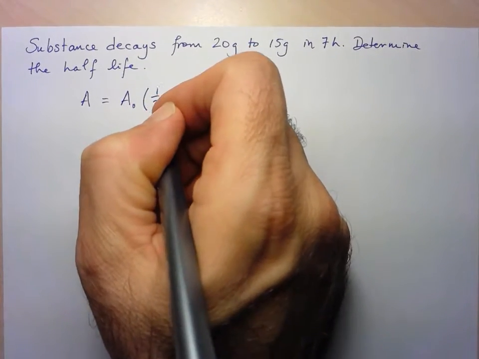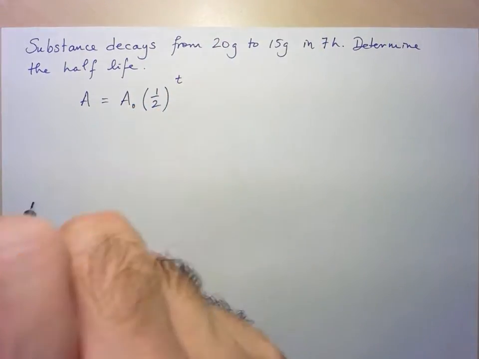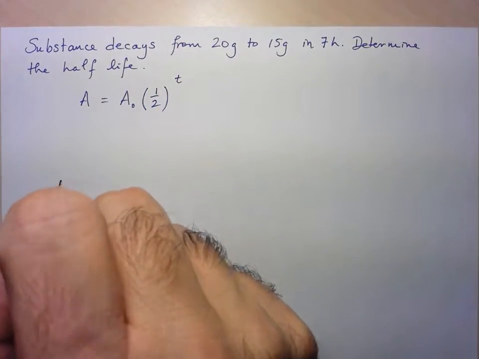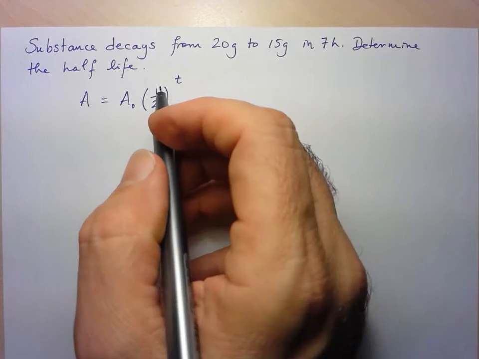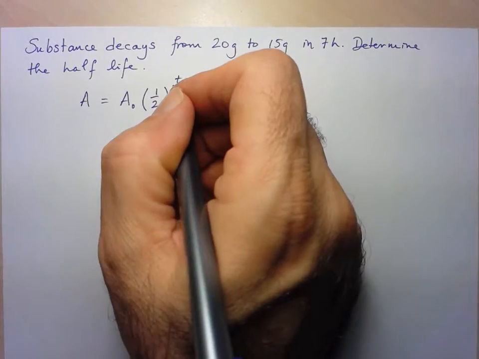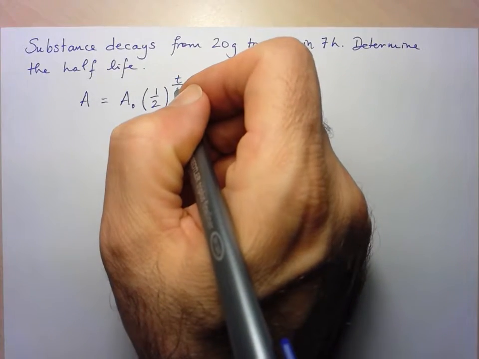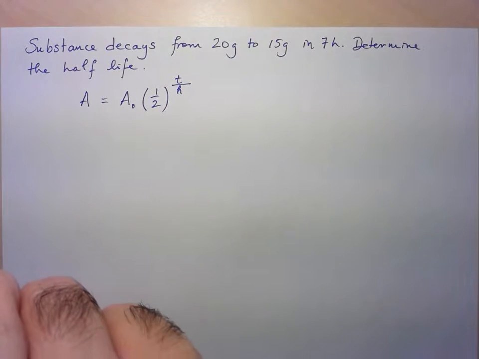That's why we use 1/2 as our base. T will be the amount of time that elapses, and in this case T is in hours. It doesn't necessarily decay by 1/2 every hour, so we have to divide by the number of hours that it takes to decay to 1/2.